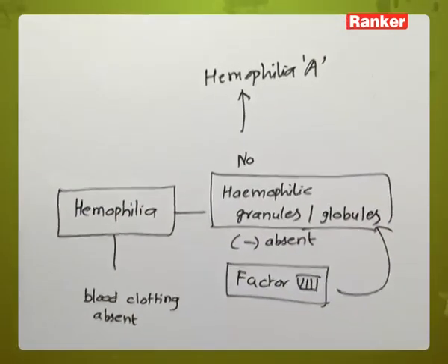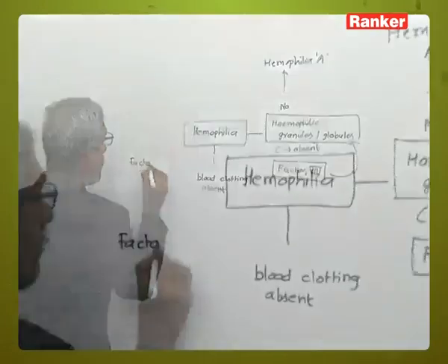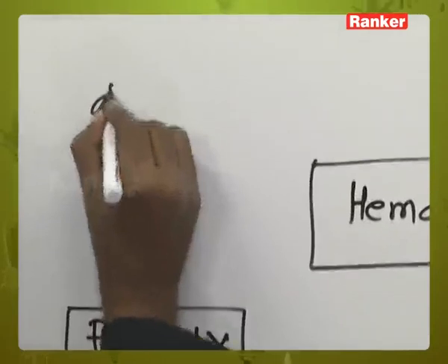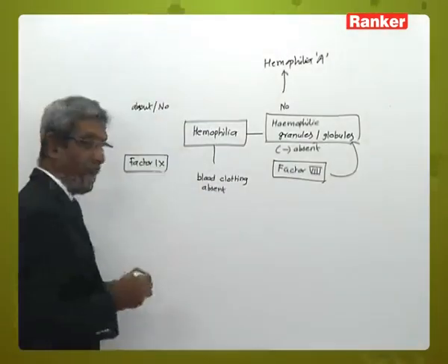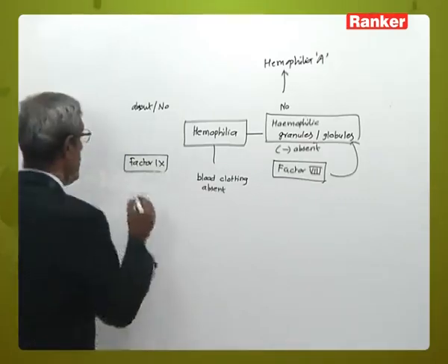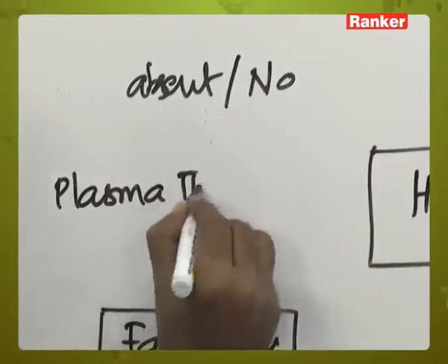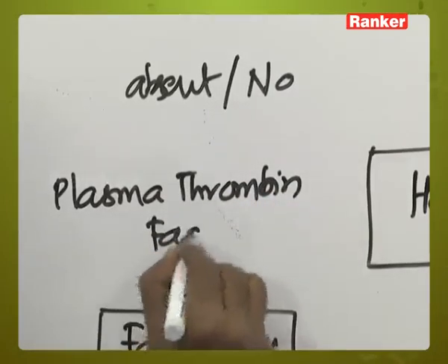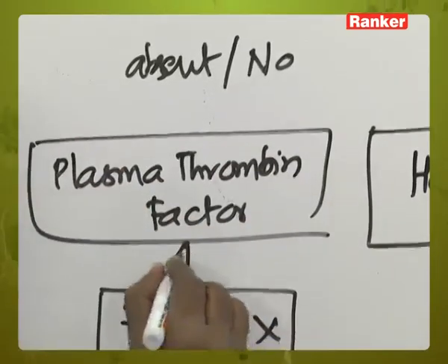Another factor, called factor 9, can also be absent. Factor 9 is otherwise termed the plasma thrombin factor.